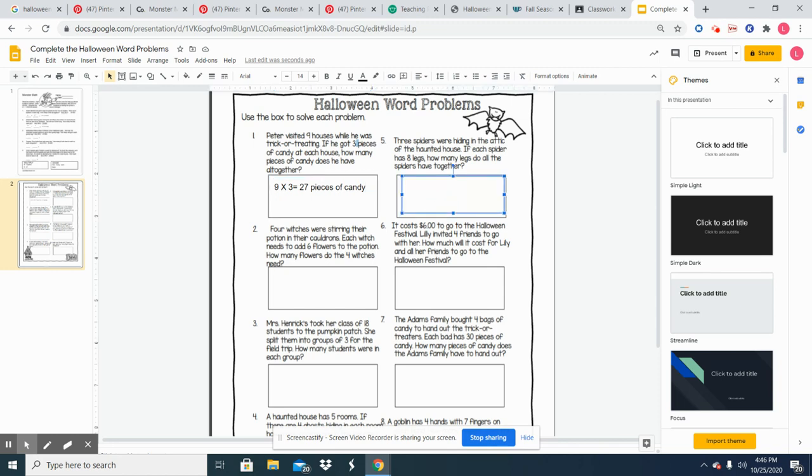Okay, next one. 4 witches were stirring their potion in their cauldrons. Each witch needs to add 6 flowers to the potion.